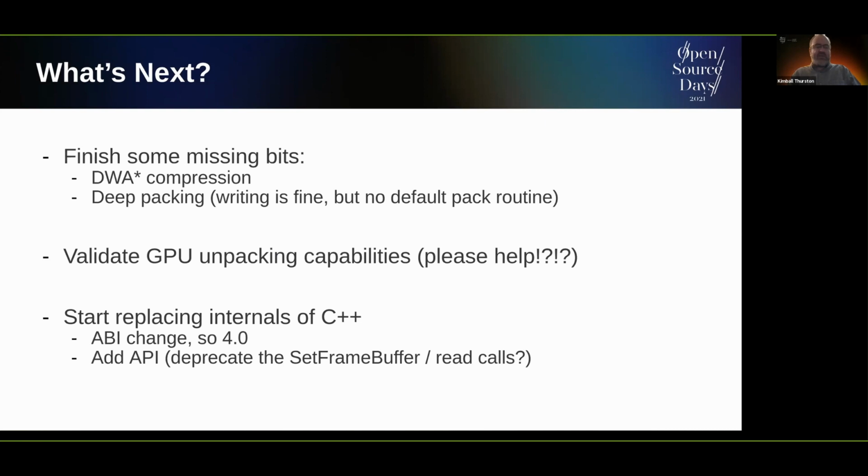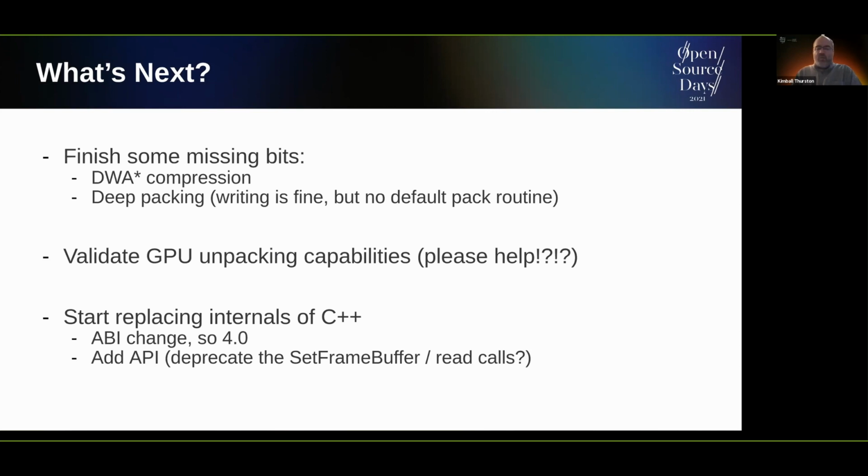But then the next step is to start replacing the internals of the C++ library. And so we think this is going to represent a fairly noticeable change to the ABI, meaning the structure layouts will change. And so we might have to change this to a 4.0, EXR 4.0. We haven't decided that yet.